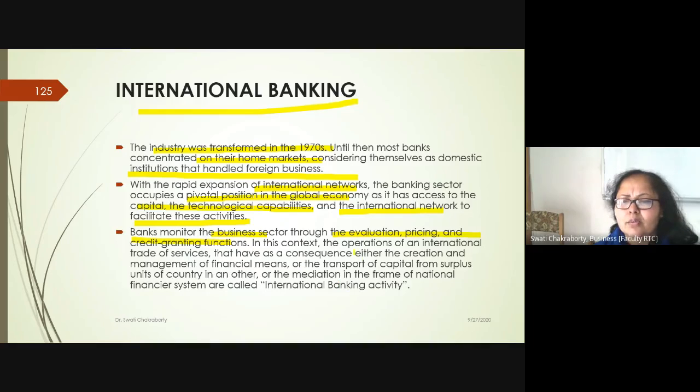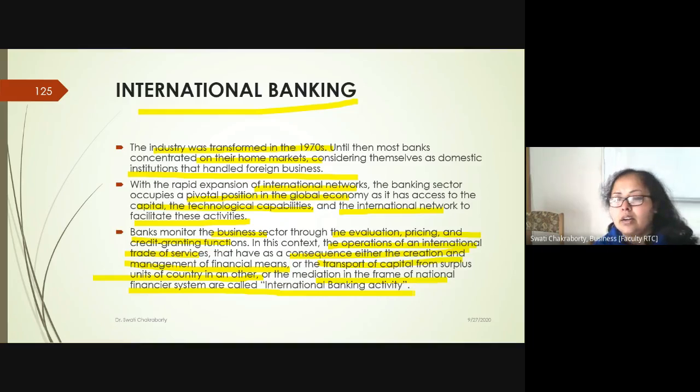So, in this context, what happens? The operations of an international trade of services that have as a consequence either the creation or management of financial means or the transport of capital from surplus units of one country to another, mediation in the frame of the national financial system. They're called today the international banking activity.